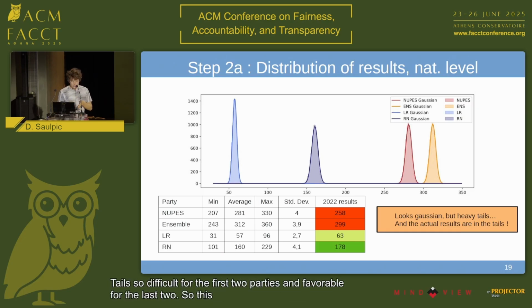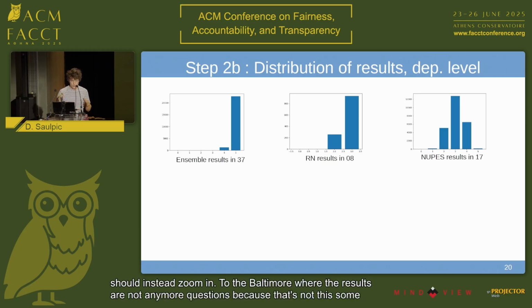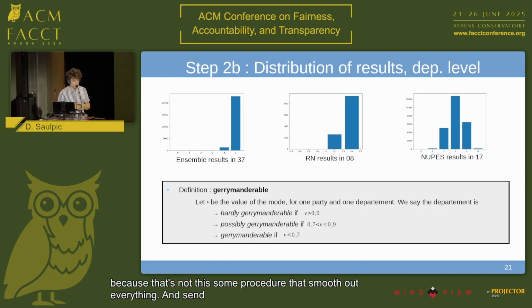So this shows that we shouldn't consider the outcome of the election as a Gaussian, and we should instead zoom in to the department, where the results are no longer Gaussians, because there's not this sum procedure that smooths out everything. And so in this case, we introduced a definition to study the diversity based on the shape of those histograms.